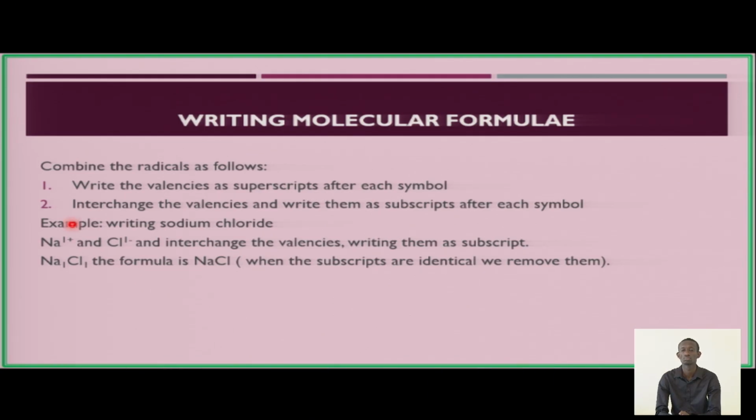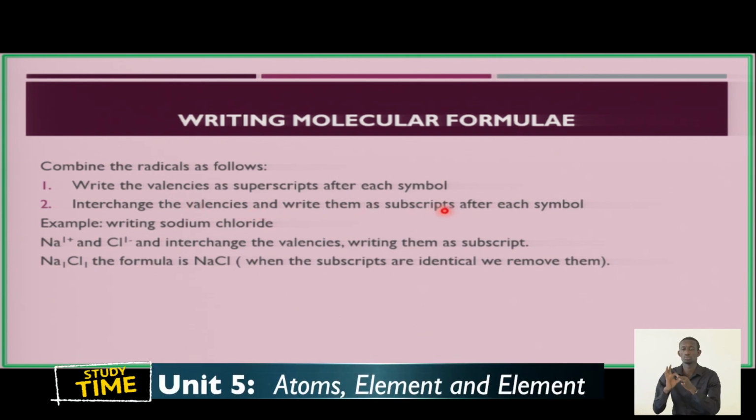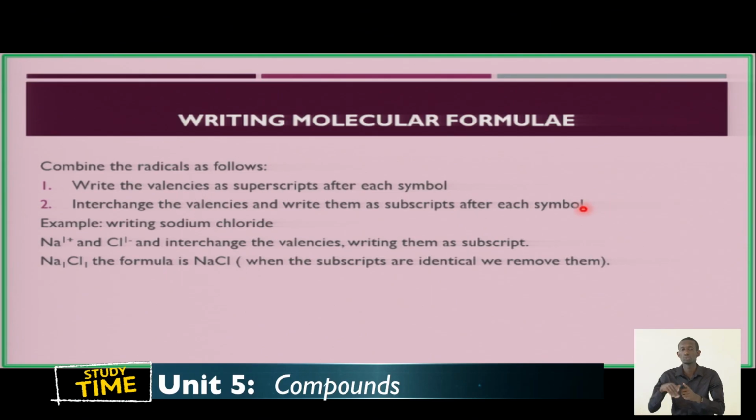Well, how do we proceed? We combine the radicals as follows. First, we write the valences as superscripts after each symbol. And second, we interchange the valences and write them as subscripts after each symbol.